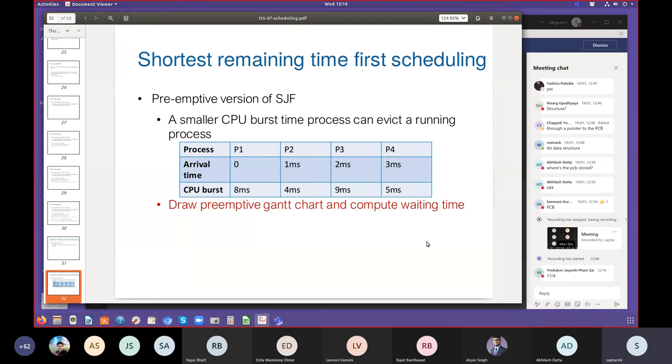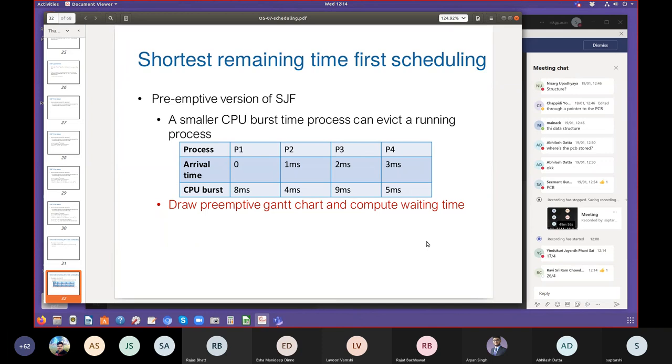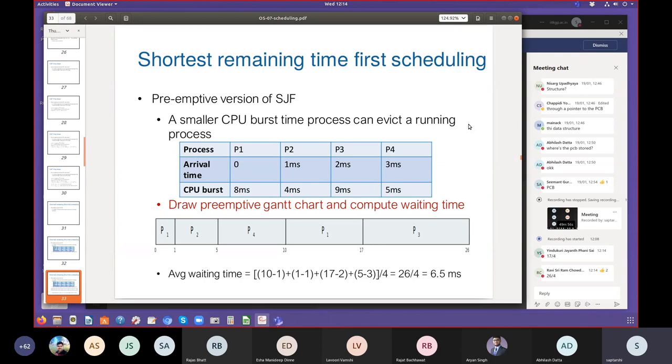Let me wait for 1 more minute just to see if any other answers come. Okay, some people are saying 26 by 4. Fine, let's see. Okay, so 26 by 4 seems to be the correct answer.